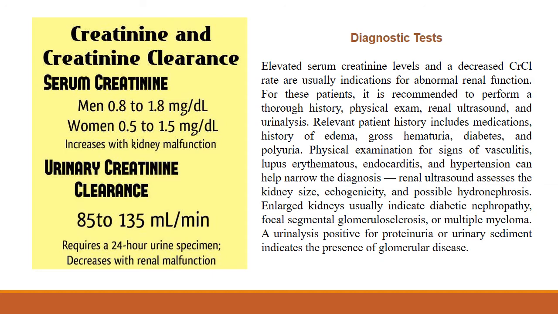So this is a measure of urinary creatinine, it does not pass into the urine, therefore there is a decrease of urinary creatinine clearance when there is a renal malfunction. But for our serum creatinine, this is a measure of your creatinine in the blood. So if there is a kidney malfunction, then it will not pass through the kidney and it will accumulate in the blood. So there is an increase with kidney malfunction.